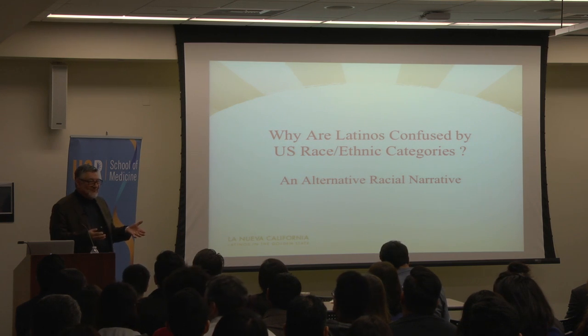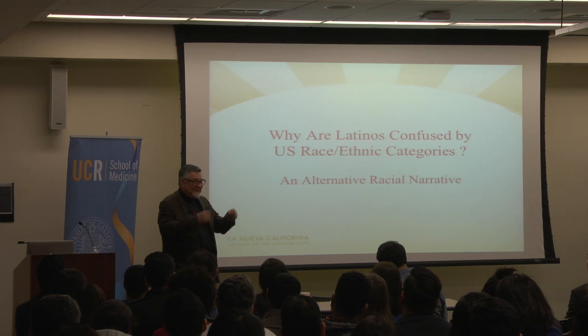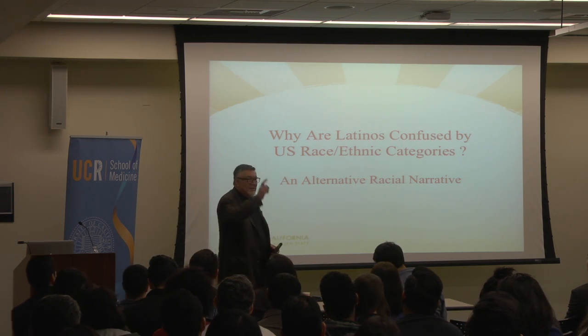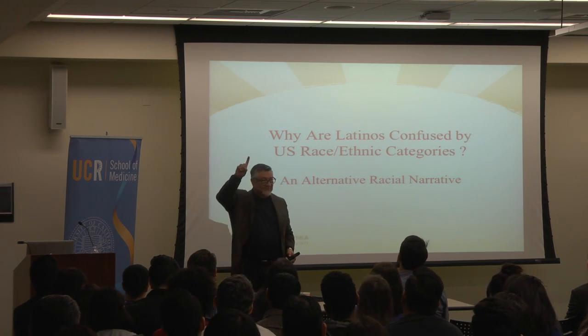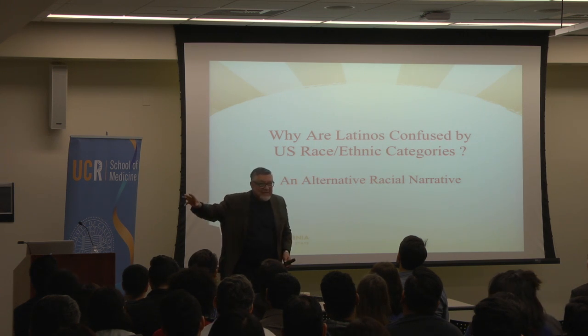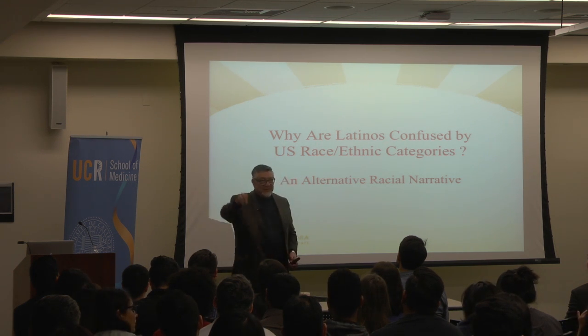Now, why are Latinos so confused by the U.S. racial categories? Well, the confusion started the day after October 11th, 1492. On October 11th, 1492, not one single Indian lived in the Western Hemisphere. Not one. Oh, you had about 250 million people. They weren't Indians. They were Tzeltal, they were Purépecha, they were Otomí, they were Mapuche.